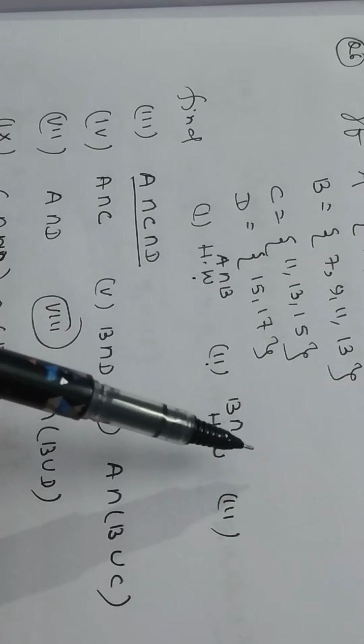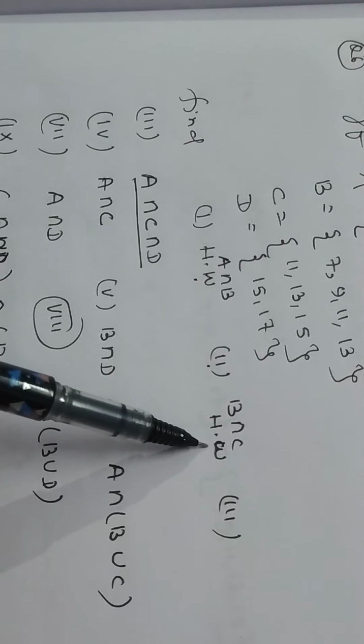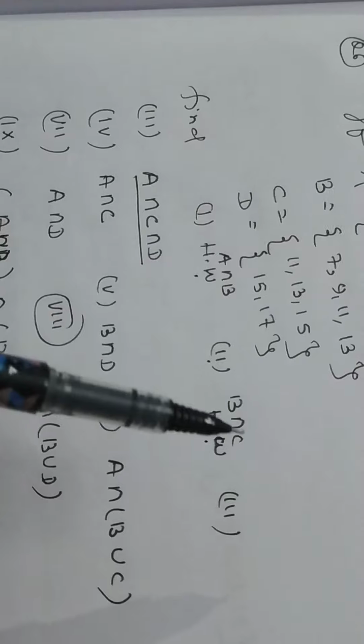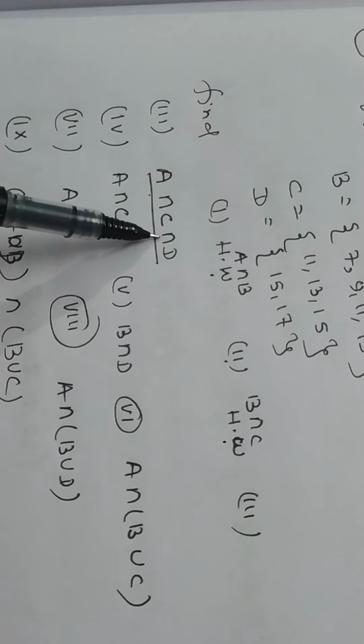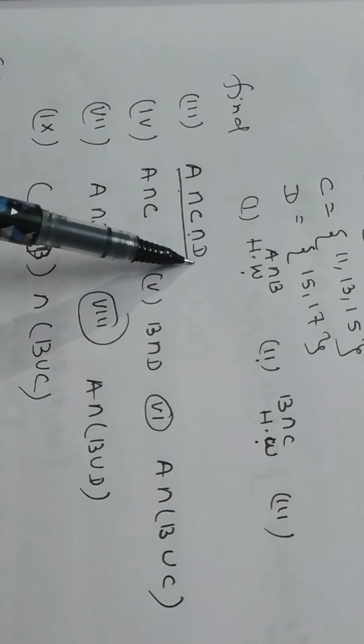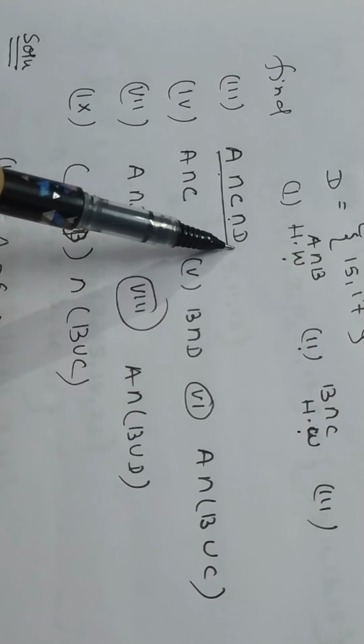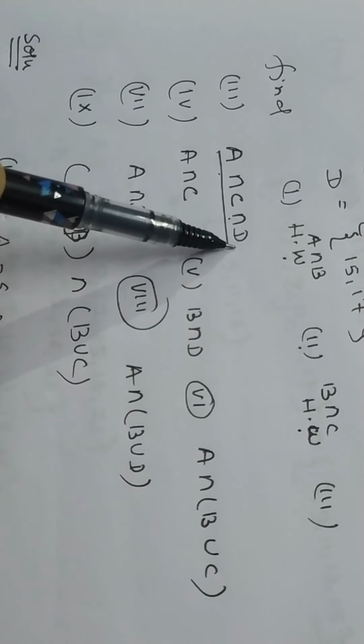Problem number 2, B intersection C, is also for your homework. Problem 3, A intersection C intersection D. This problem will be discussed on the spot here.